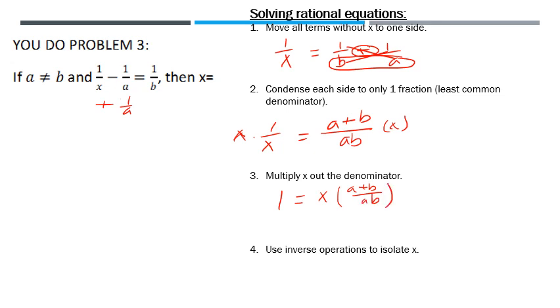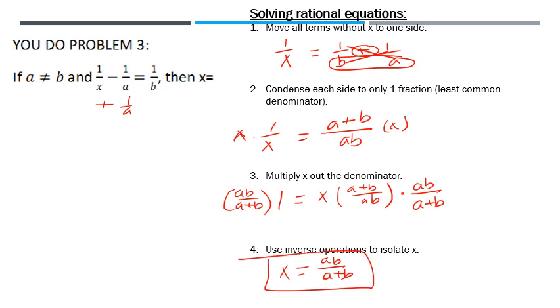Use inverse operations. The inverse of a fraction is to multiply by its reciprocal. So we multiply both sides by ab over a plus b. And what we do to one side, we do to the other side. And so we get x equals ab over a plus b.